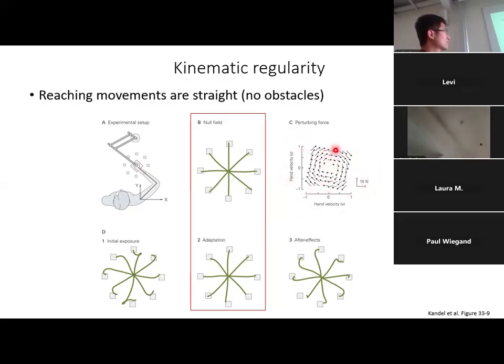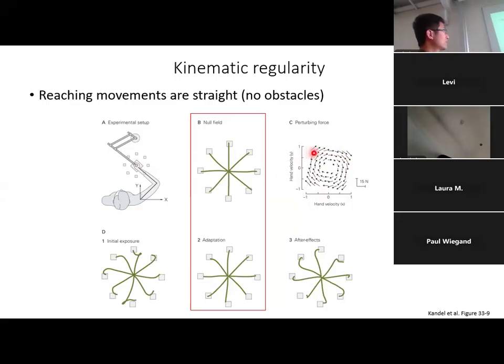The force amplitude and direction depend on the hand velocity, in the x and y direction. For example, if you are moving so that x is 0, y is some kind of maximum, so you're moving in one direction.